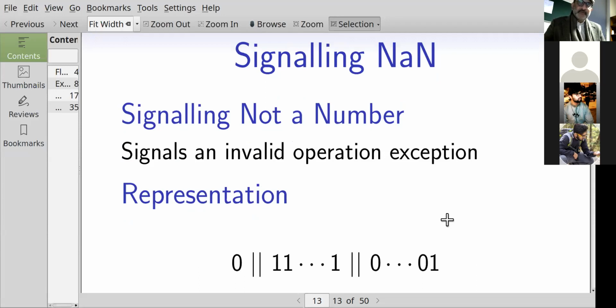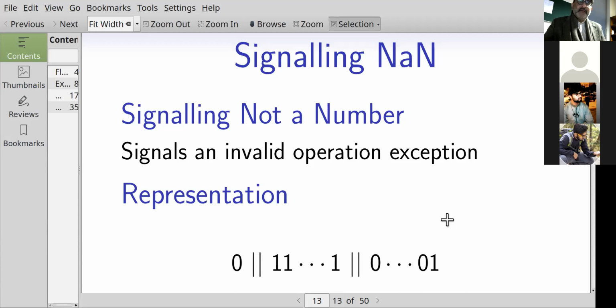Now, whatever results you're getting, they're not numbers anymore, and there should be some way of signaling to the user that at this point we're no longer talking about numbers. I think Python usually uses this notation NaN, N-A-N, not a number. Back in the day, I used to see things like NaNQ, not a numerical quantity. But there has to be some sort of a signal to the user that something has gone wrong.